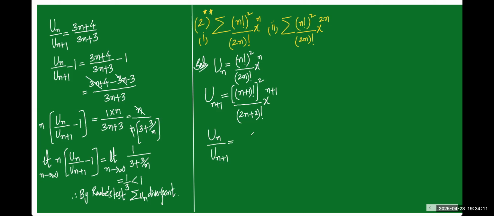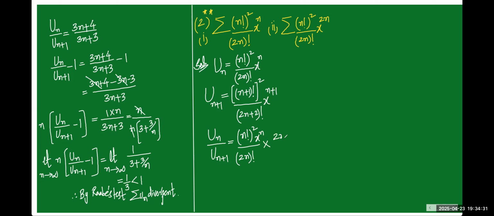So now look at n factorial whole square divided by 2n factorial into x power n, multiplied by the second fraction, which will become reversed.